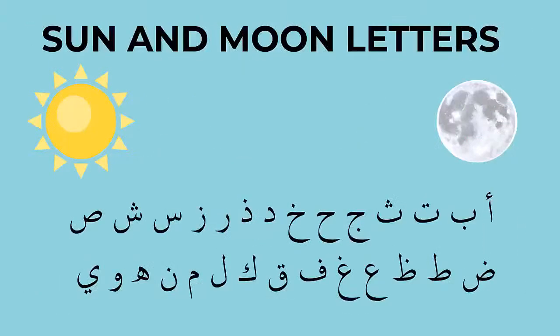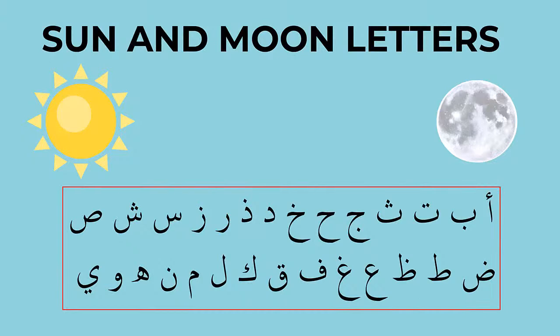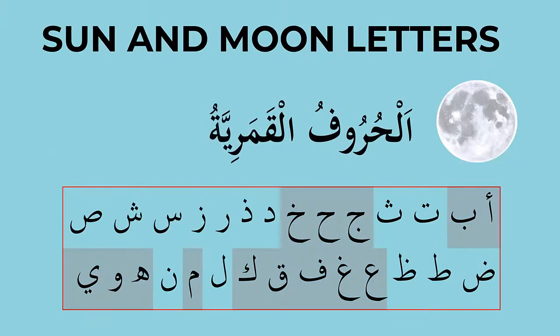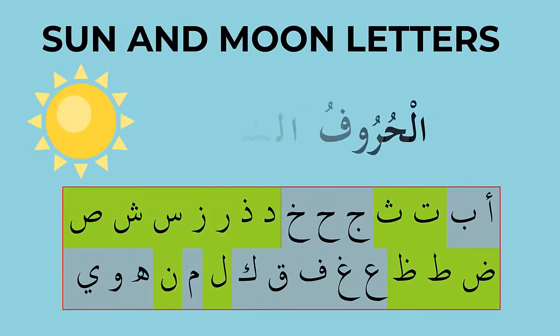Out of 28 consonants, they are divided equally into two groups. In English, we call them moon letters and sun letters. And in Arabic, we call them al-huruful kamriya, moon letters, and al-huruful shamsiya, sun letters.